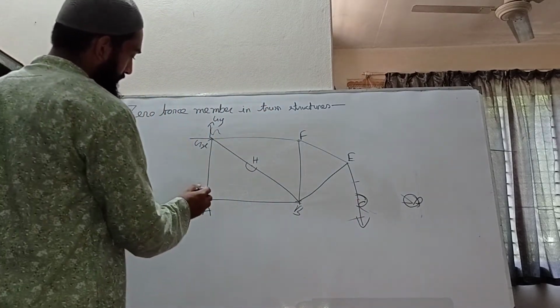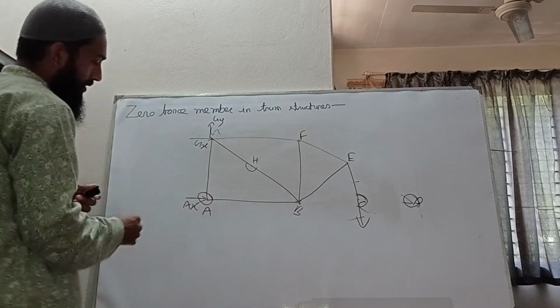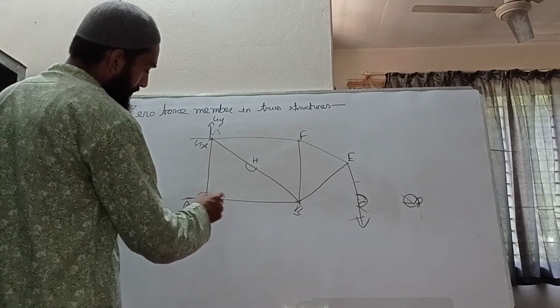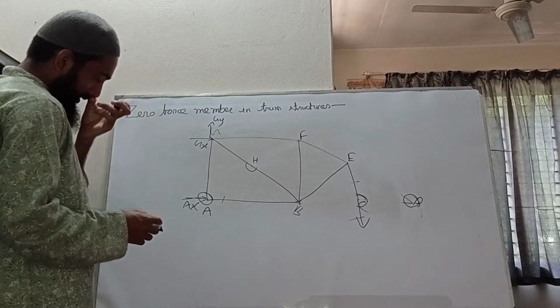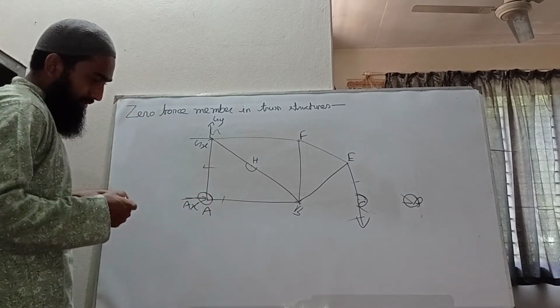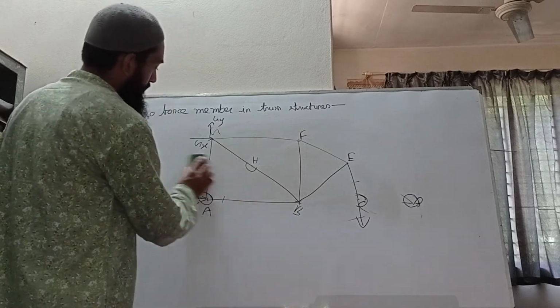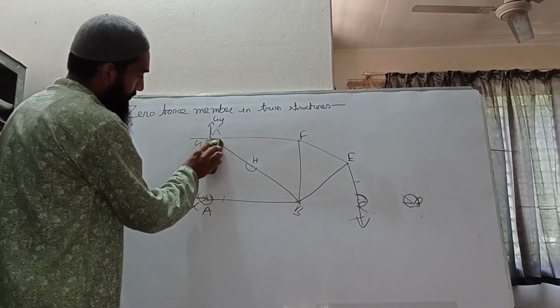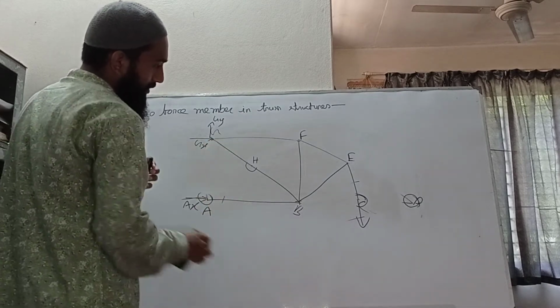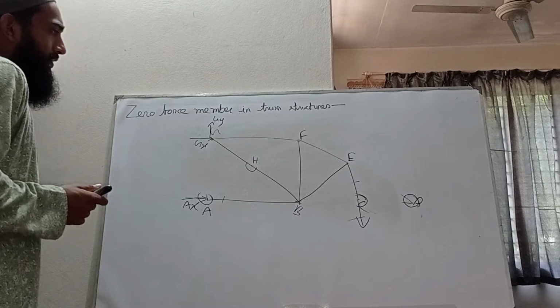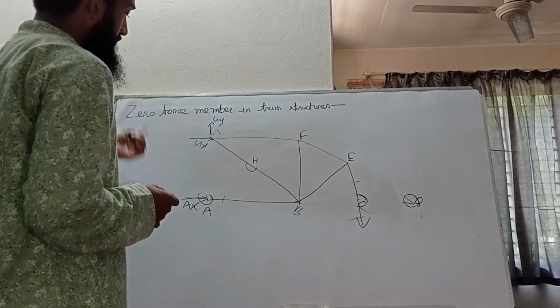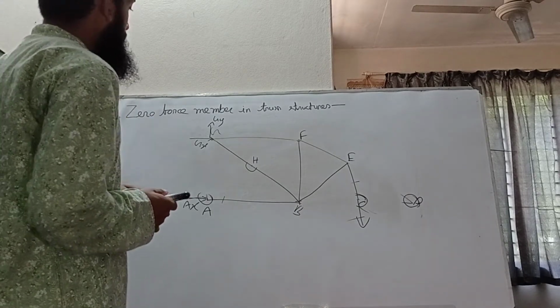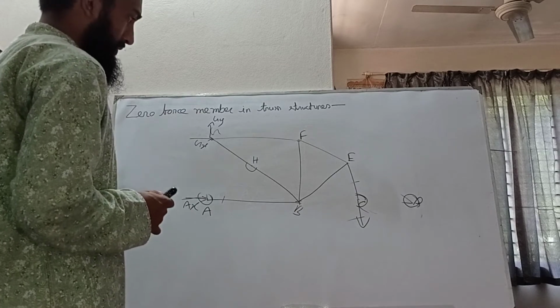Now if you consider joint A, this force and this member are collinear, and this is the third member. So this one also becomes a zero force member. Now we can easily solve the other member forces by using the method of joints.